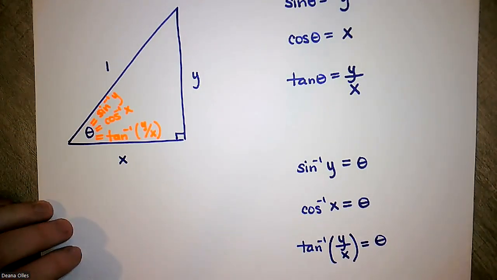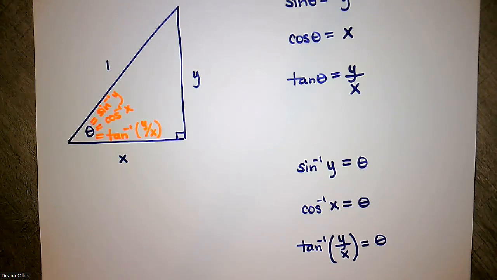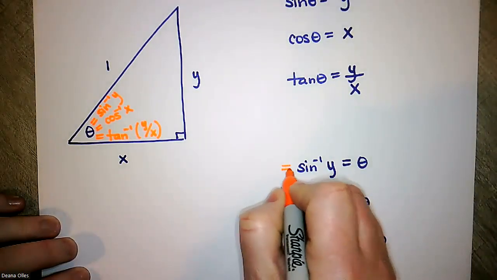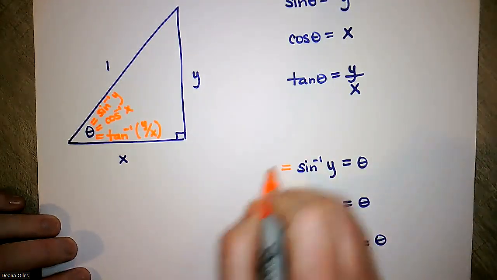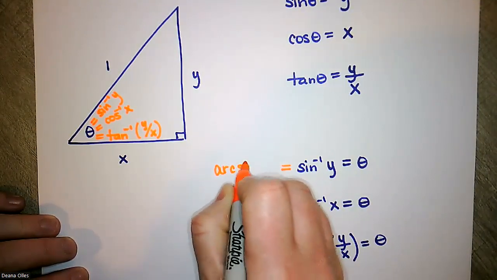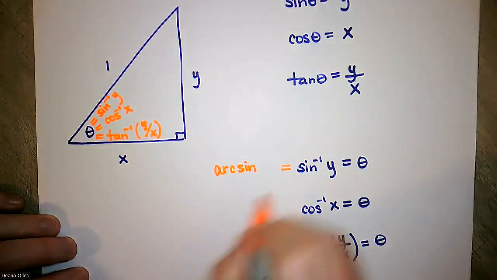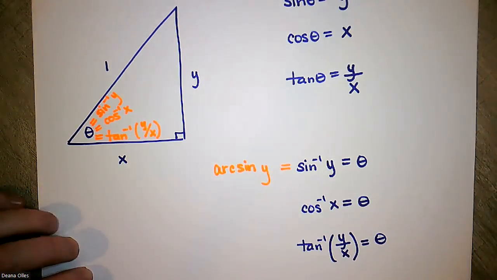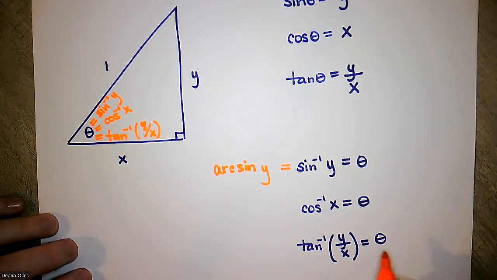There's only one other thing I wanted to do in this video, because I wanted to keep this one short and make sure we weren't going too overboard. I wanted to make sure that everybody saw the other notation that we can use for this. Inverse sine can also be written as what's called arc sine. So this says arc sine of y. That is the same thing as inverse sine of y.